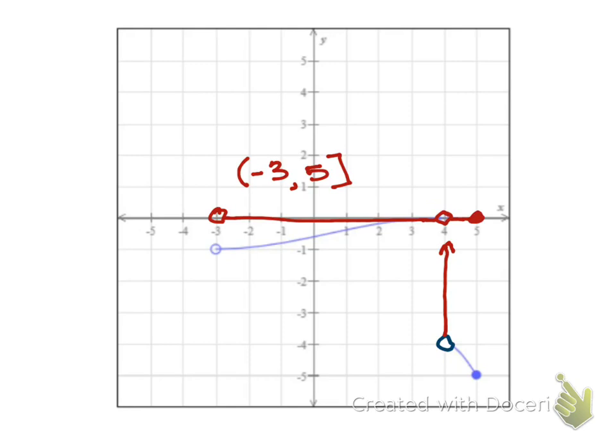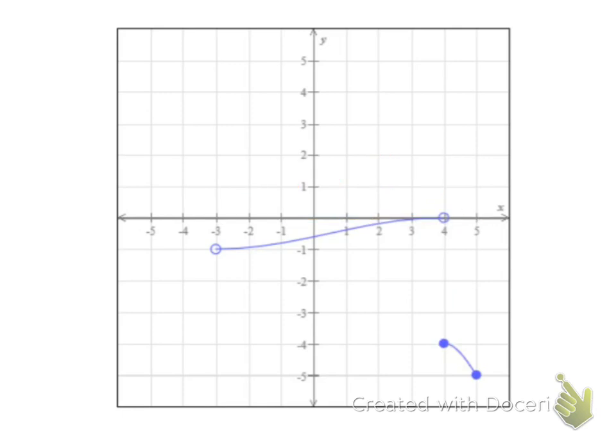So this would change because now we would have -3 to 4 with an open circle, and then 4 to 5 with the closed circle, which gives us the bracket. We can't include the 4 because the open circle means that the 4 is not included. Now let's look at the range for this one.